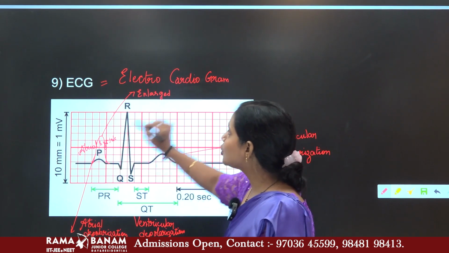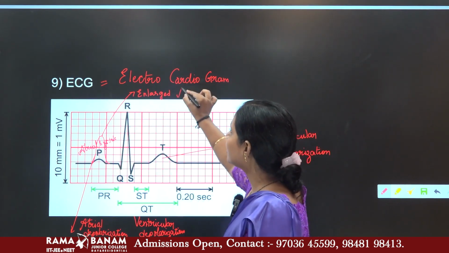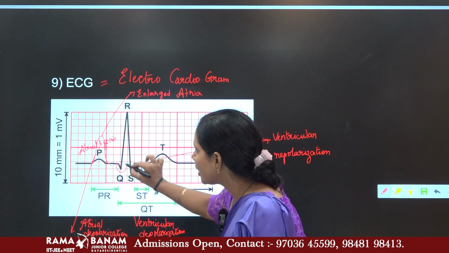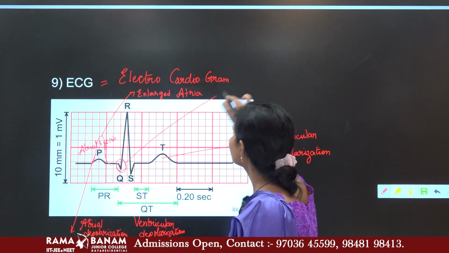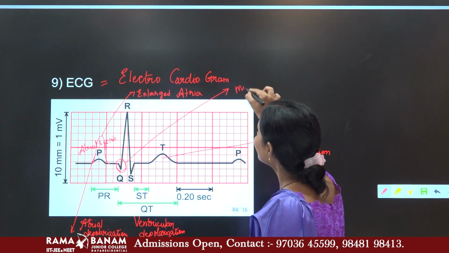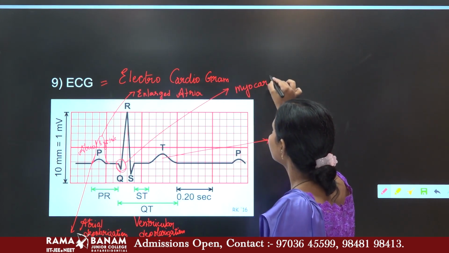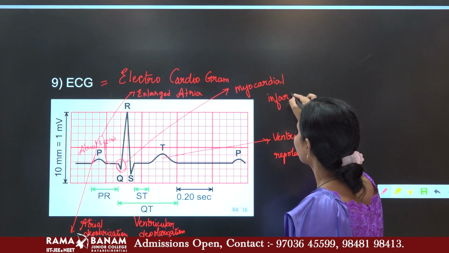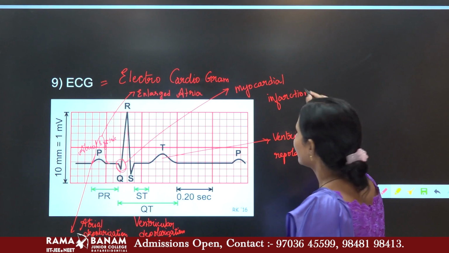So, an enlarged P wave corresponds to enlarged atria, whereas an enlarged Q wave corresponds to myocardial infarction, right?